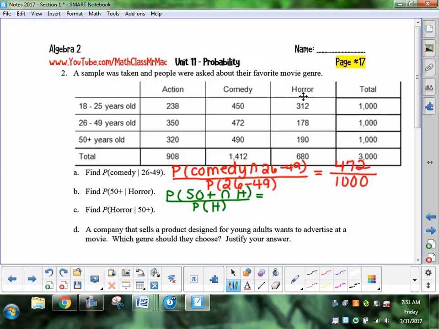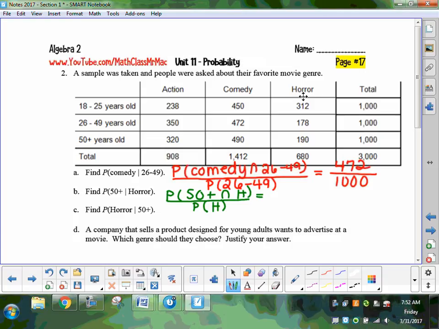So looking at that, what would our numerator be? Well, you tell me. What's our numerator going to be? Tyler? 190. And it's going to be over what? 1,000. No. 680, yeah, because you're comparing it to the whole.